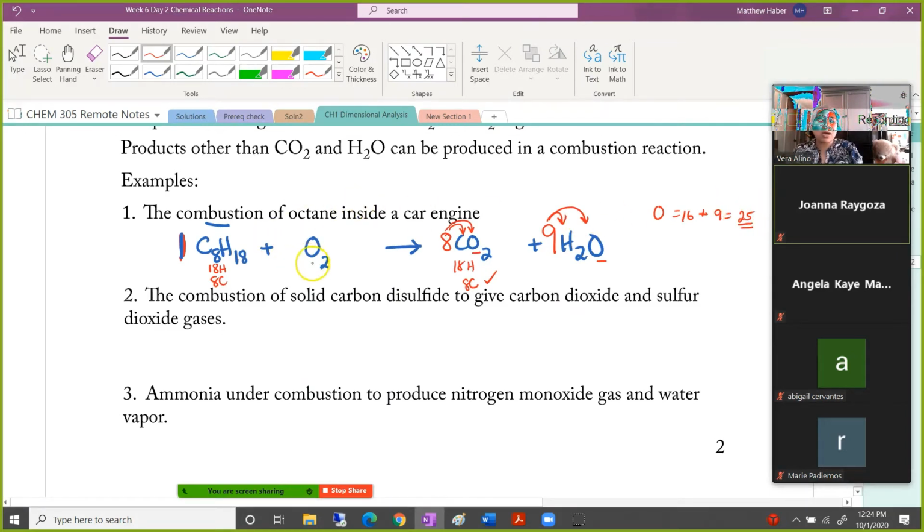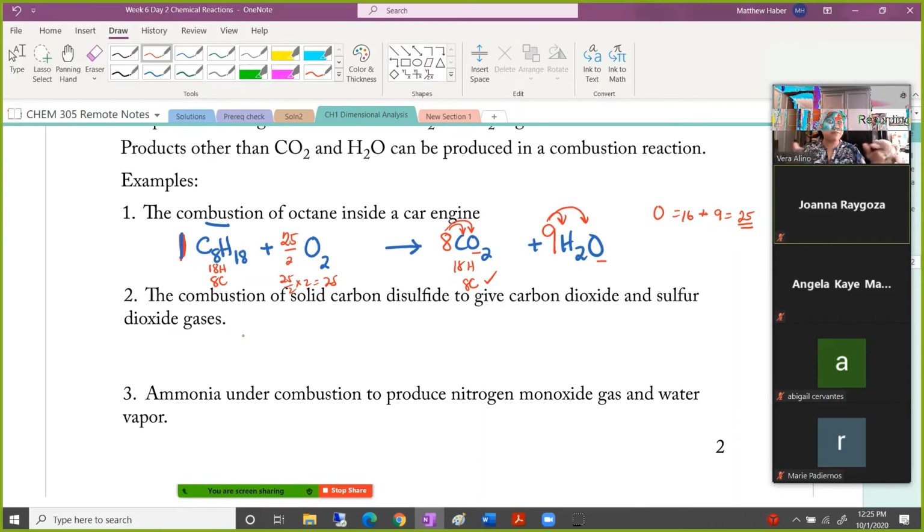Now here, I have a diatomic oxygen. So what number would this be in order to give me 25? It will be 25 over 2, correct? 25 over 2 multiplied by 2 will give me 25 oxygen atoms.